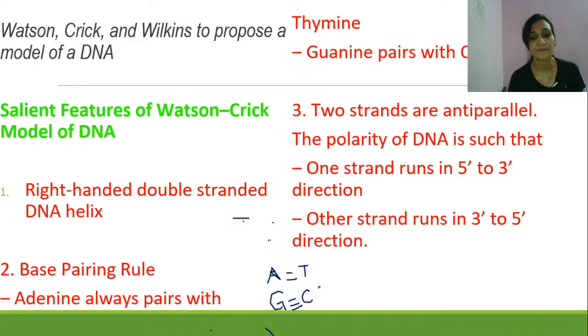This double helix is anti-parallel. Anti-parallel means one of the strands runs from 5' to 3' and the other strand, which is opposite to it, runs from 3' to 5'. That means they are anti-parallel.